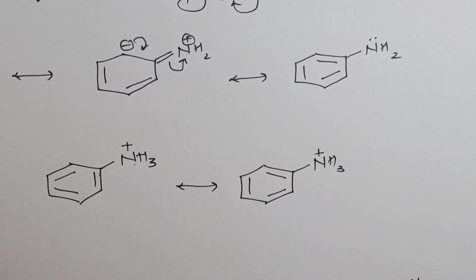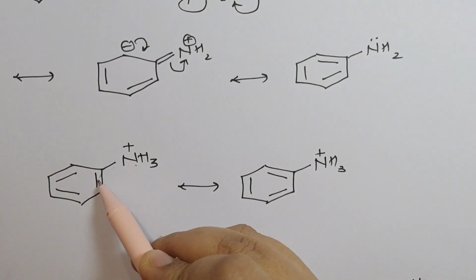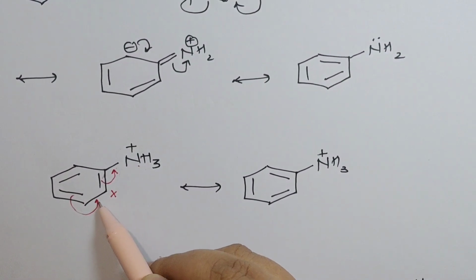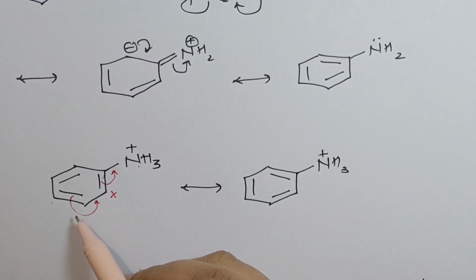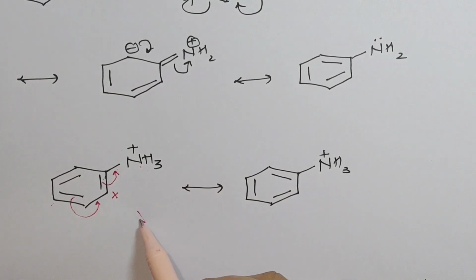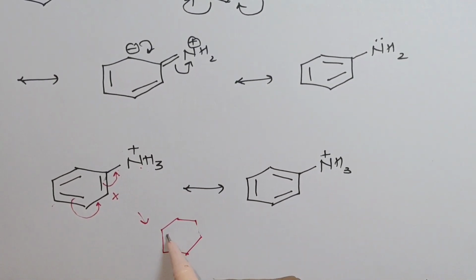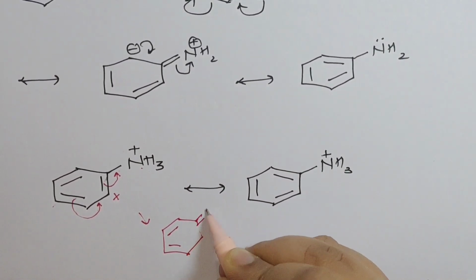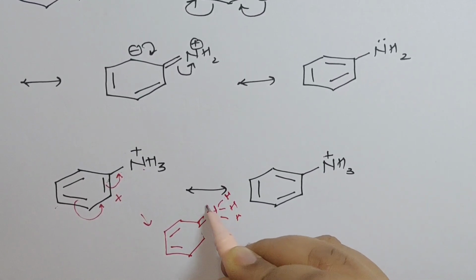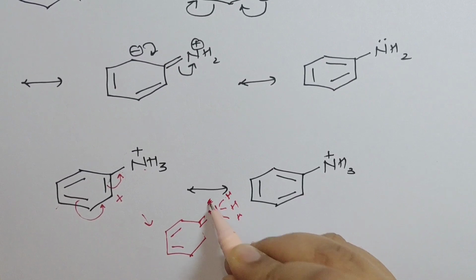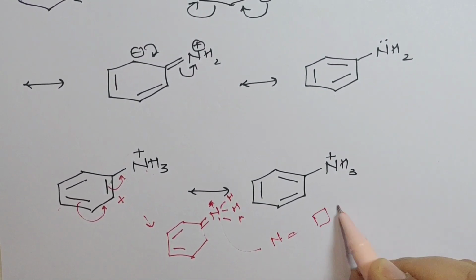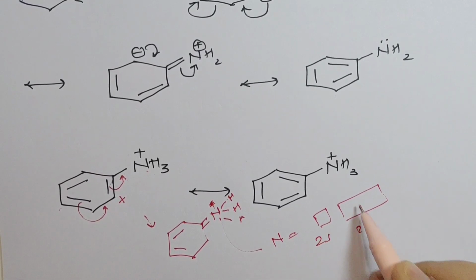But why is that? You might feel that this bond can get here and a positive charge can get here, and then this bond can come here and positive charge can go there. That is not possible, because if this were to happen, nitrogen would be making 5 bonds, and that is not possible because nitrogen has only 4 orbitals, 2s and 2p.